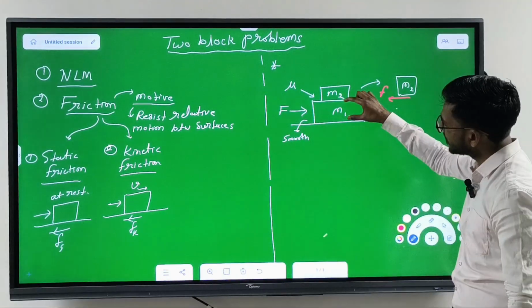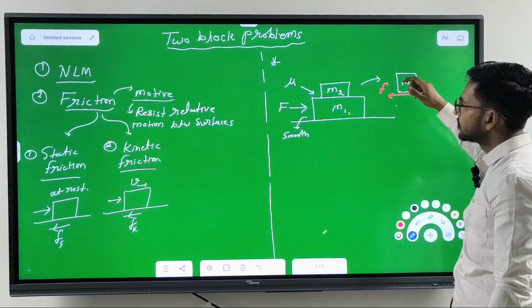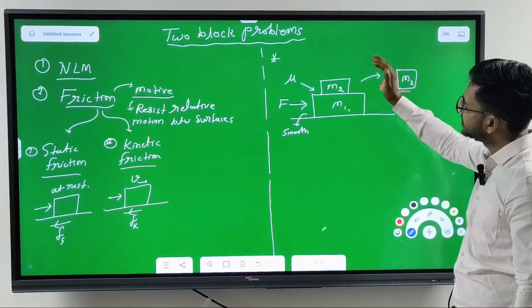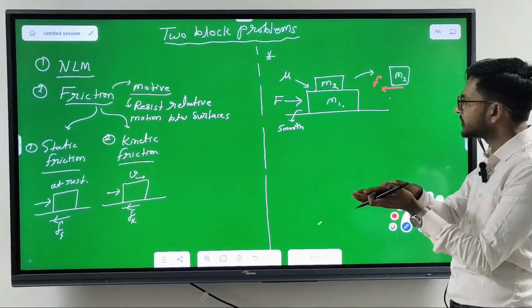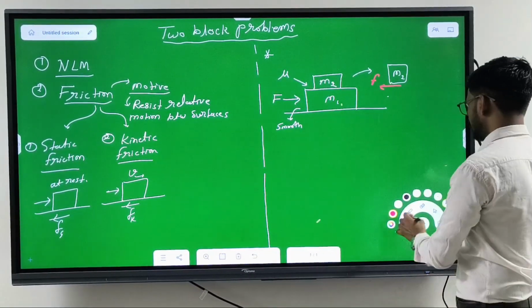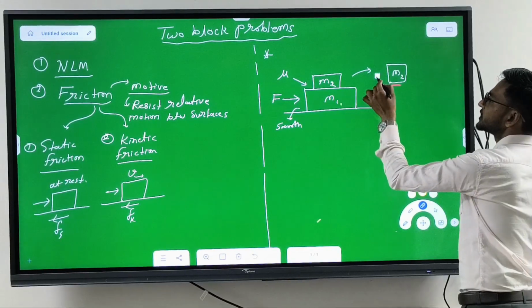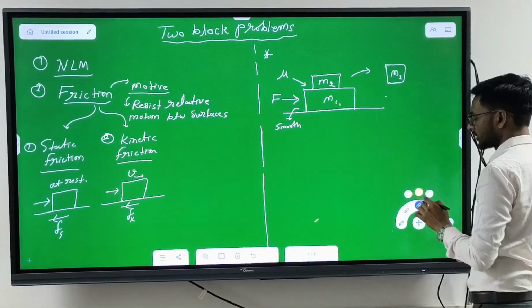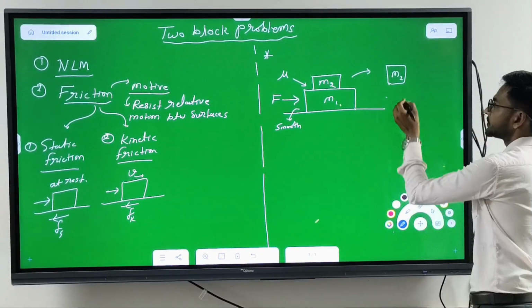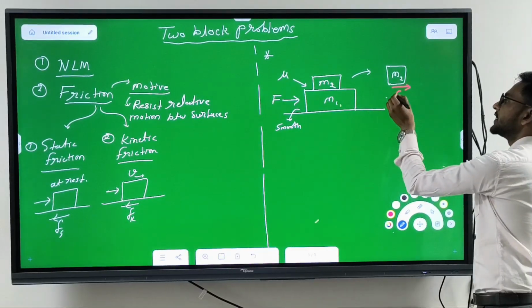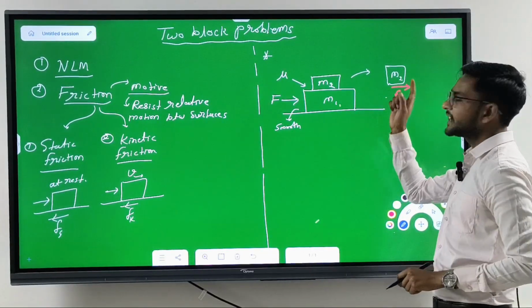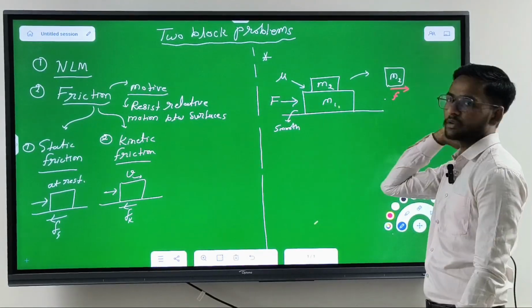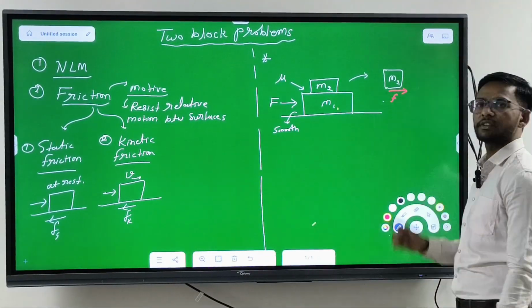The block M1 is going in the right direction, so if friction is trying to keep both the surfaces together, it should be in the right direction. So only one force, the frictional force, is acting on the M2 block.